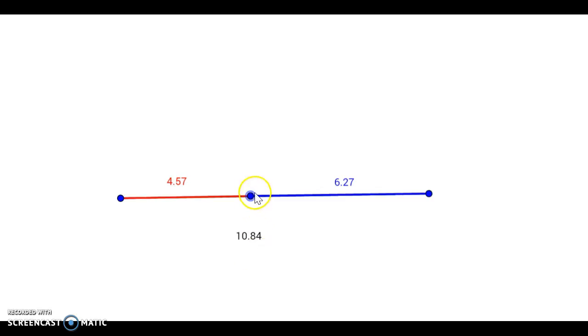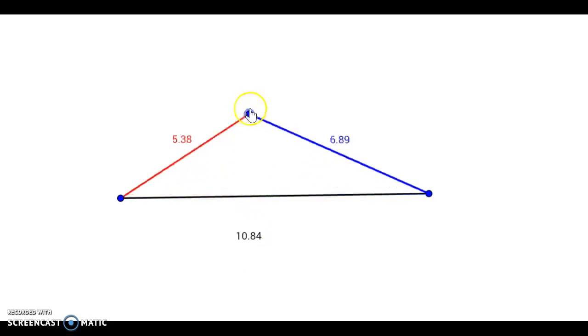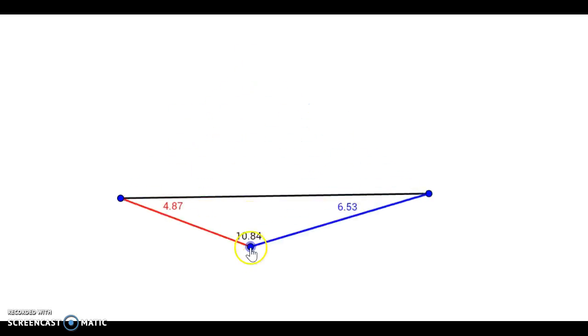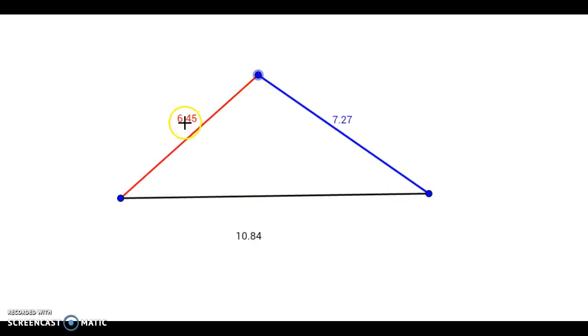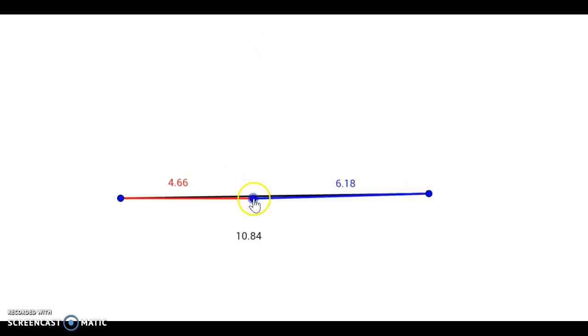The only way that I can actually have a triangle is if I move it up or down, and when I move it up, the two numbers add up. 6 plus 7 is 13. They're bigger than 10. And if I move it down, even if I only move it slightly down, 4.7 plus 6.1, that's 10.8.